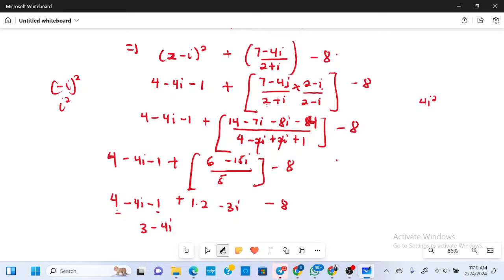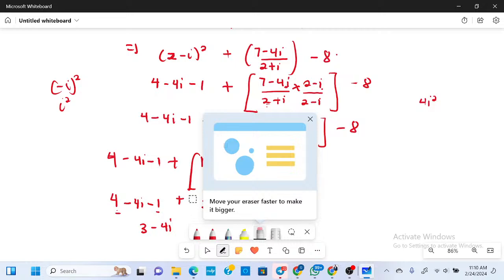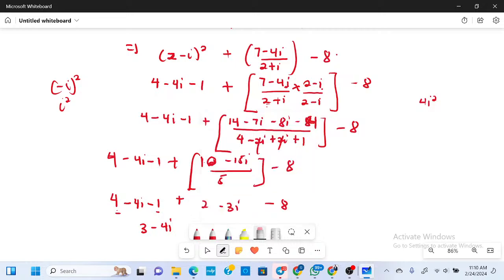So 14 minus 4 should give me 10. So here will give me 2. So I'll have this part being 2. Then this part was 4. So now I simply get plus 2.